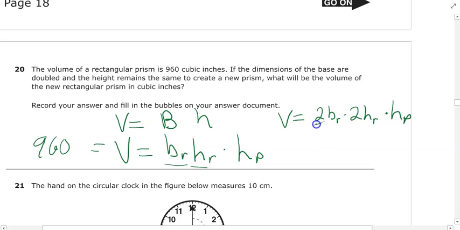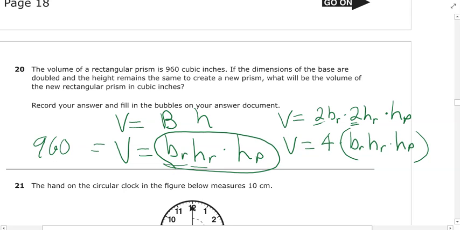Well, if I multiply the values that I do recognize, because multiplication is commutative, order doesn't matter, I get volume equals 4 times base of the rectangle, height of the rectangle, and height of the prism, or 4 times the original volume of the prism.